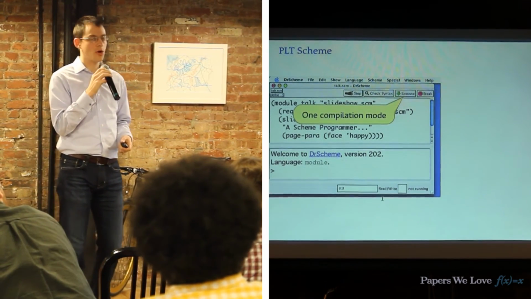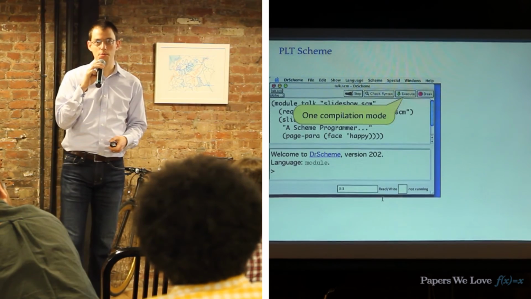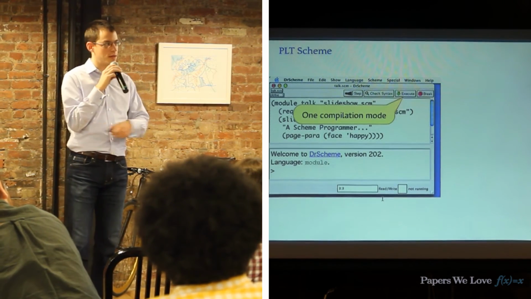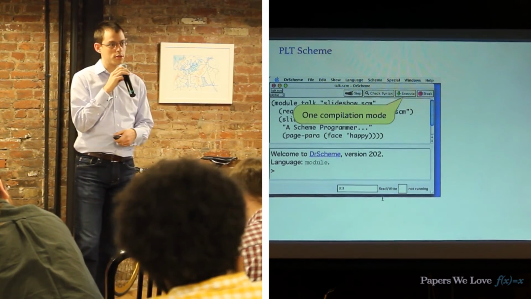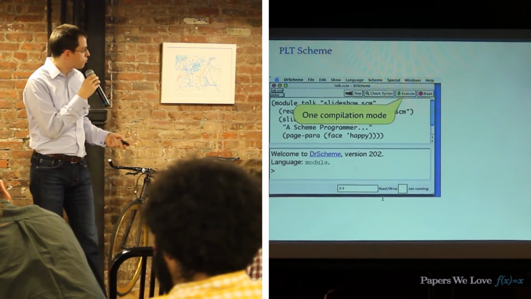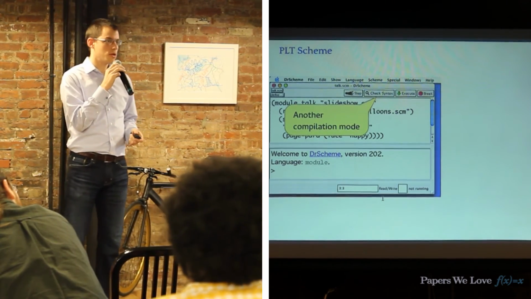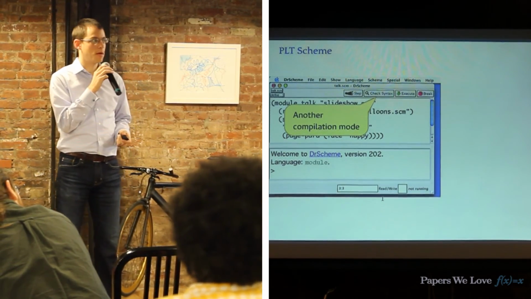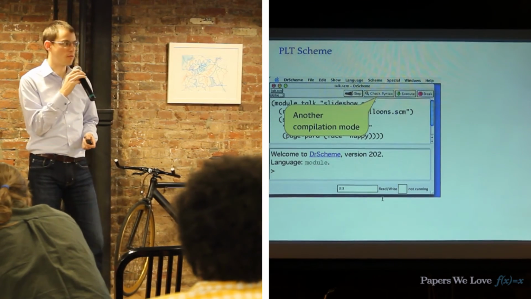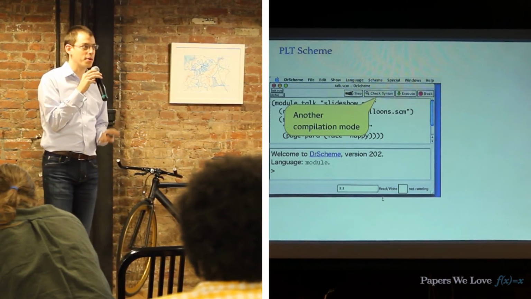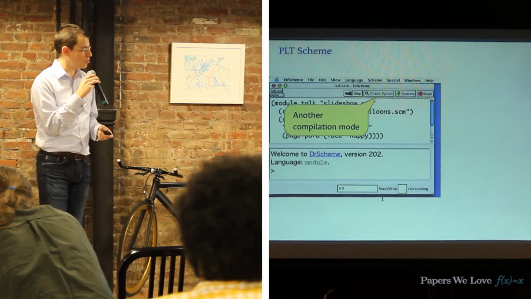And we also have a bunch of compilation modes that this system supports across all of them. There's just running the program, there's just expanding the program, which is obviously not going to run the green parts of your program, but it is going to run the purple parts of your program.